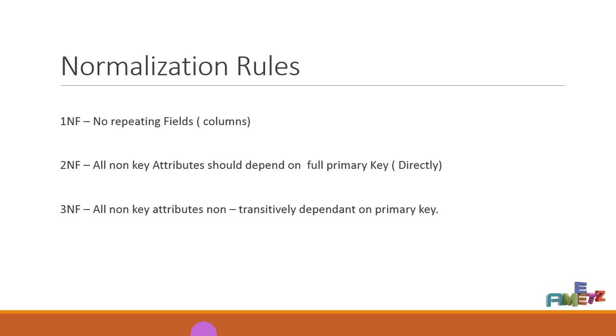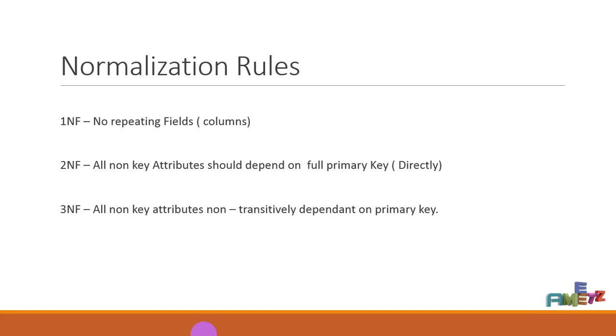That means all the attributes are directly dependent only on the primary key, not on any other key. So there should be only one identifier, and accordingly the entire data should flow.